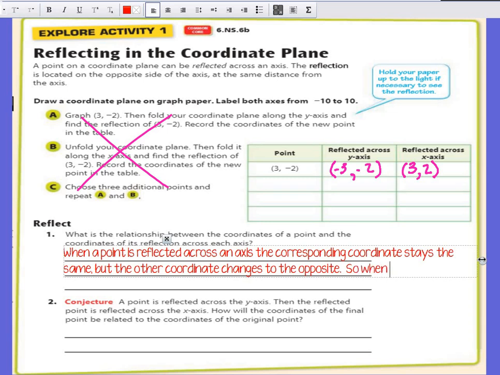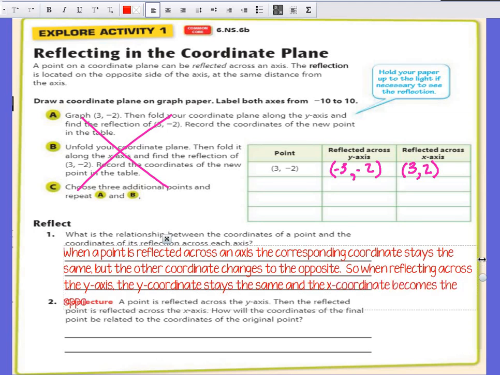So when reflecting across the y-axis, the y coordinate stays the same and the x coordinate becomes the opposite.